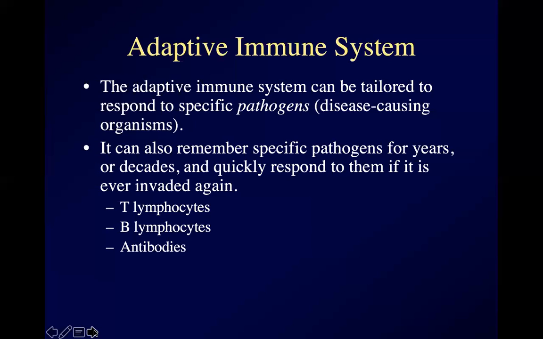It's also capable of remembering specific pathogens for years. There's a phenomenon called immune system memory. And that means that the adaptive immune system can respond very quickly if it's ever invaded by the same pathogen a second time. This, by the way, is why certain diseases, if you get them once, you're not going to catch them again, at least not for a long time.